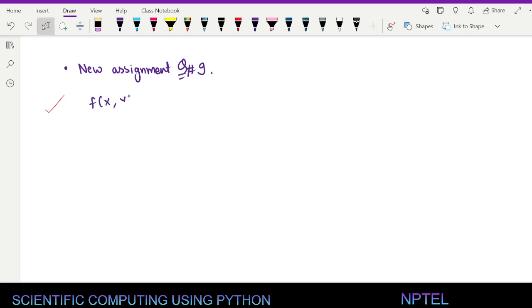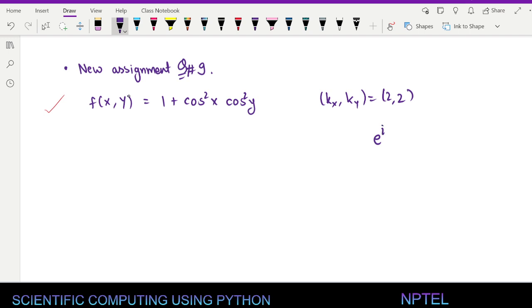The function is 1 plus cos square x cos square y, and we have to find the Fourier mode for 2 comma 2. Which means the coefficient of the form e to the power i2x and e to the power i2y.